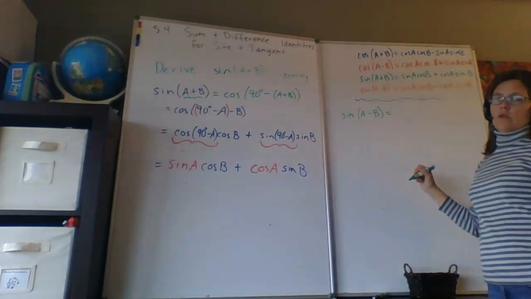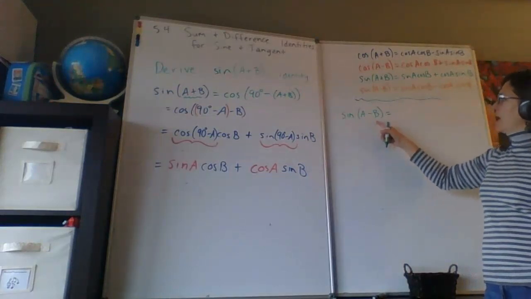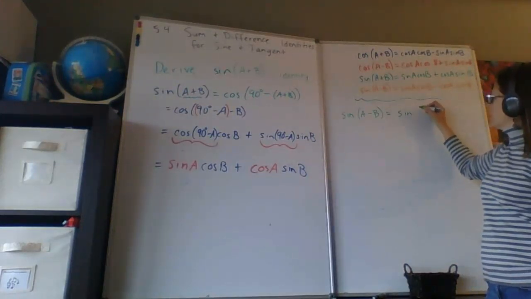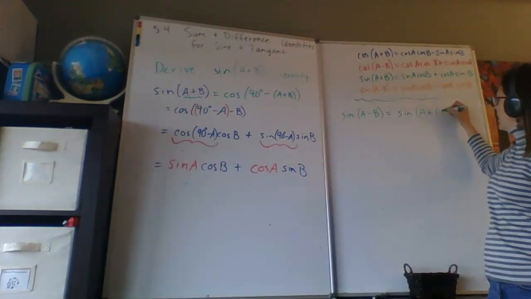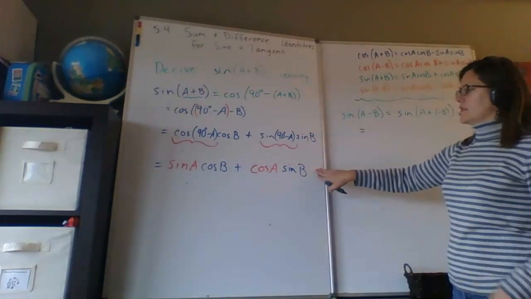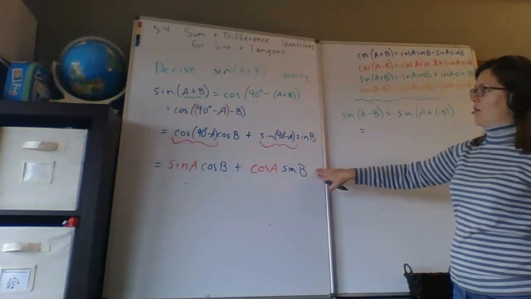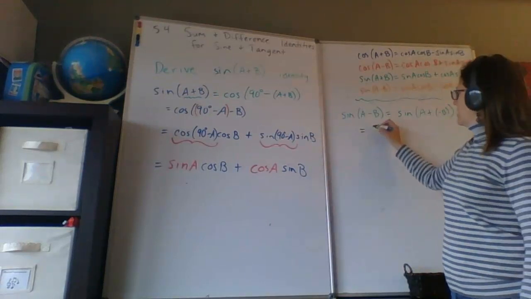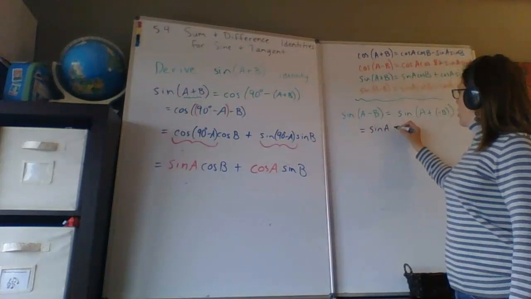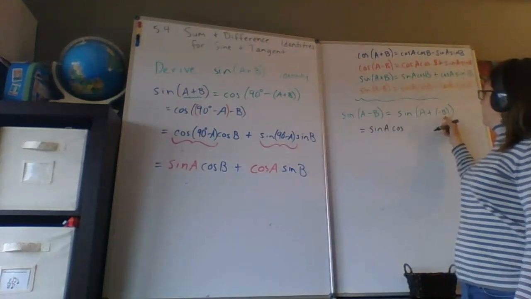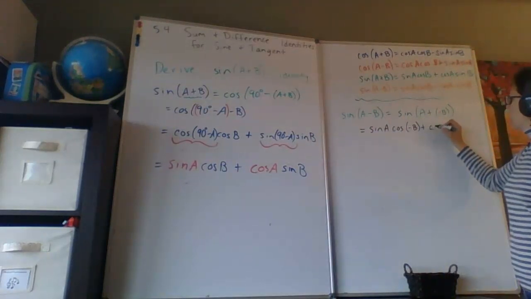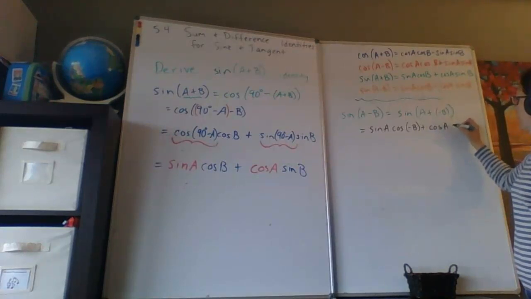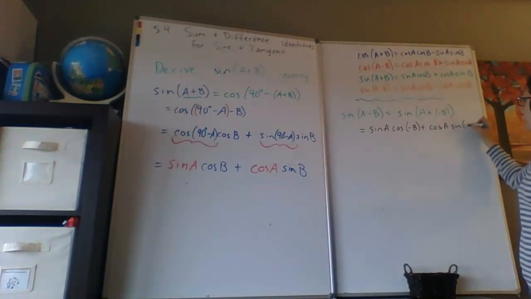Similarly, we could also derive the sine of a minus b by finding the sine of a plus negative b, applying the sine sandwich formula, or the sine of a plus b formula. We get sine of a cosine of negative b plus cosine of a and sine of negative b.